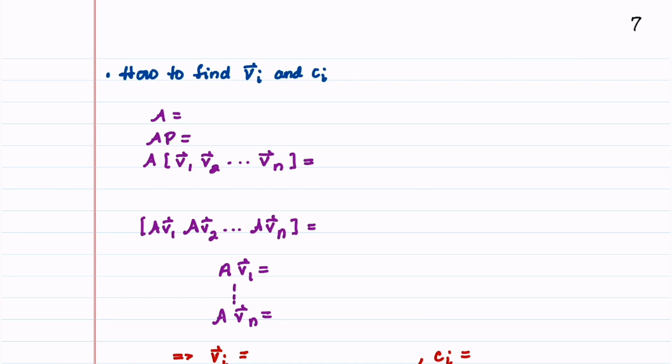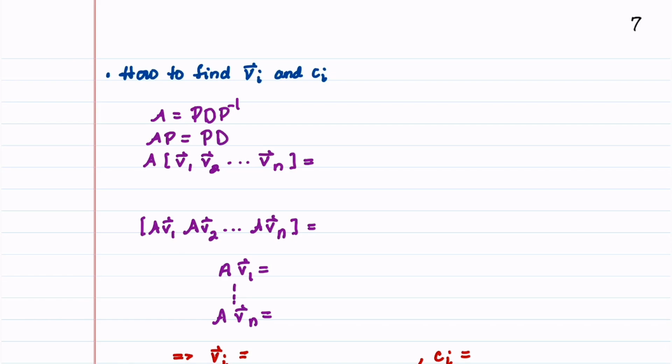To find vi and ci, we'll begin by writing our matrix A, the matrix we want to diagonalize, as A is equal to P D P inverse. Multiplying on the right by P, we get AP is equal to P times D. Now we'll plug in what P is.